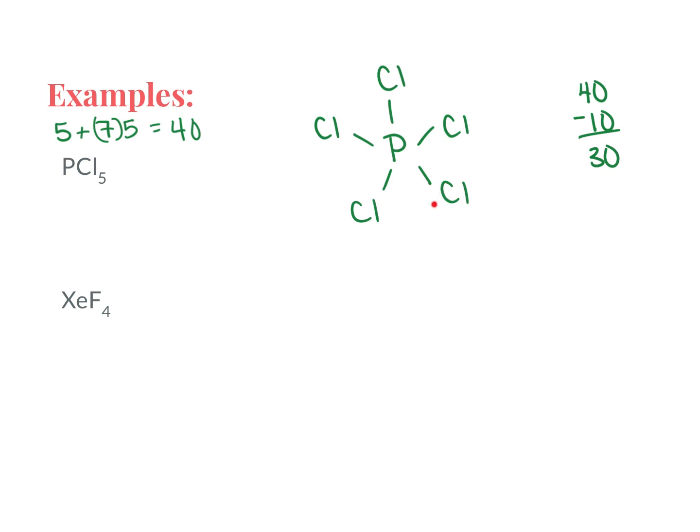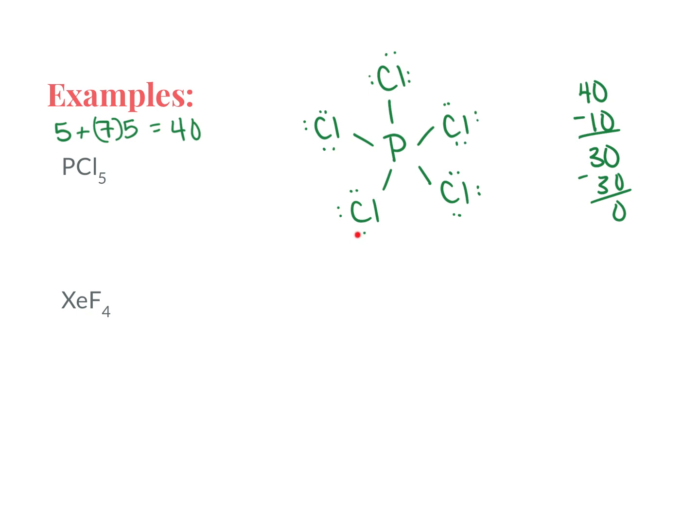How many dots do you have to add to each chlorine to get it to 8? 6. Good. There's 2 here, so I had to draw in 6 to get it to 8. So I'm going to add 6 to each chlorine, which is exactly 30. So I've used all my electrons.